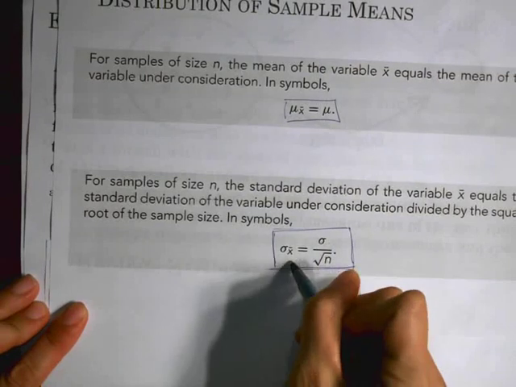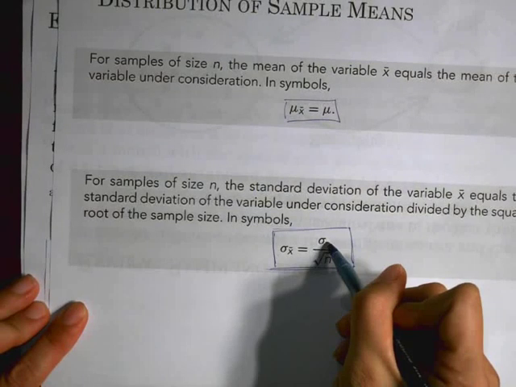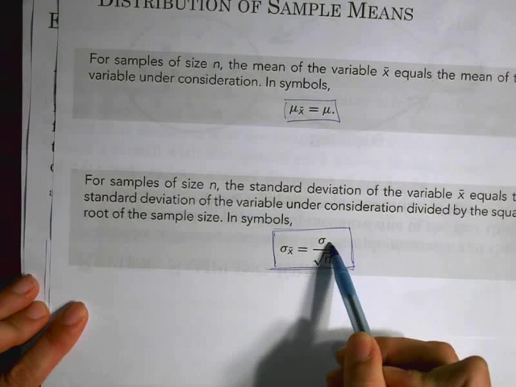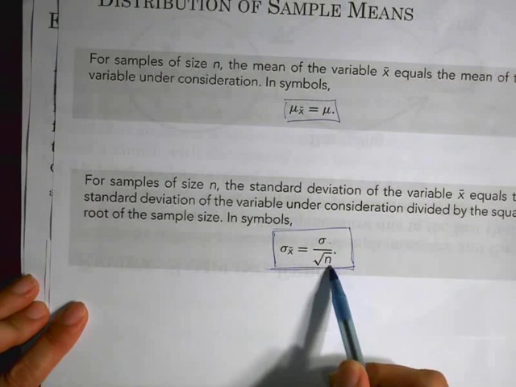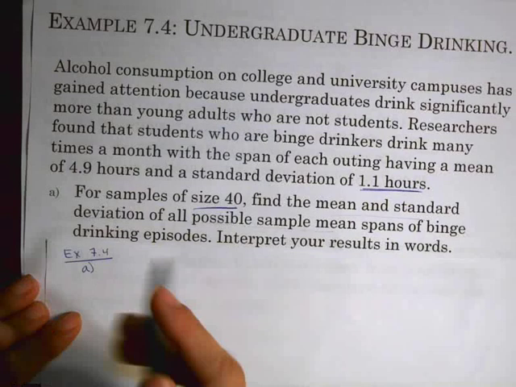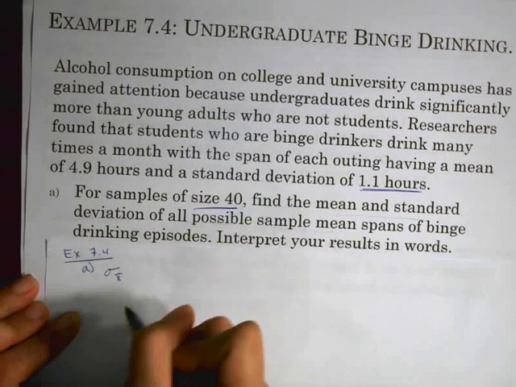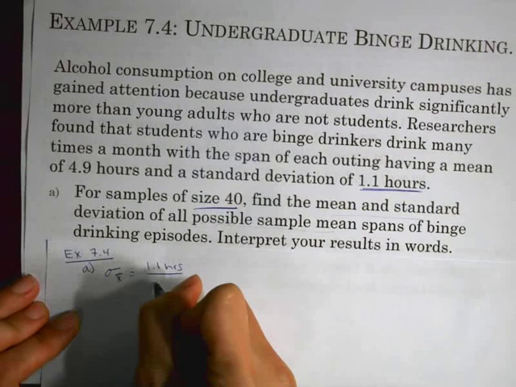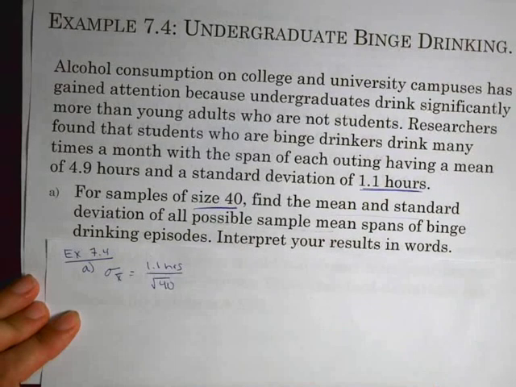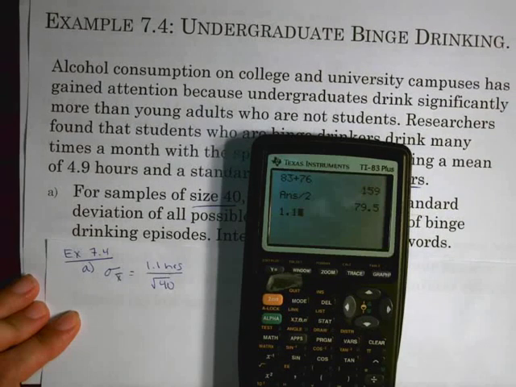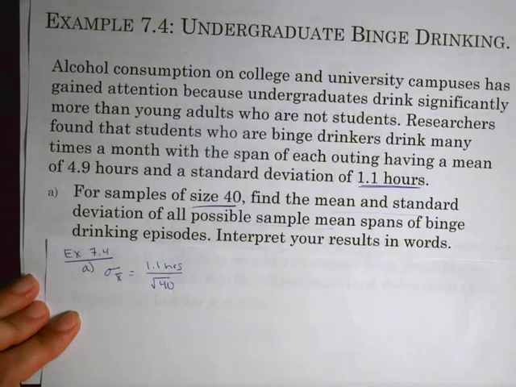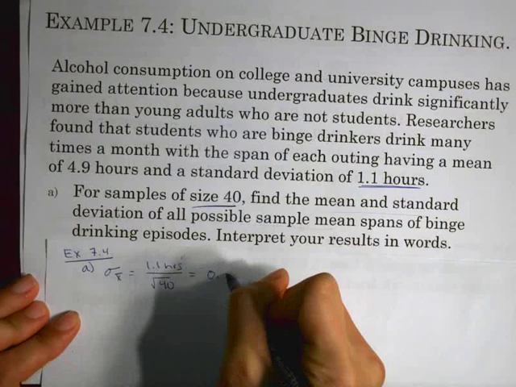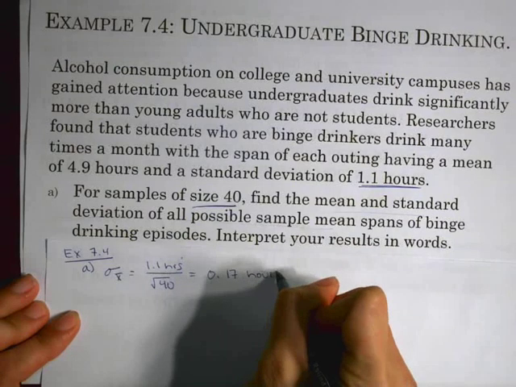I'll throw this formula over here again. Remember this formula? The standard error of the sample is the standard deviation of the population, which we know, that's 1.1 hours, divided by the square root of the sample size, that's 40. So the standard error is 1.1 divided by the square root of 40, and that is 0.17.